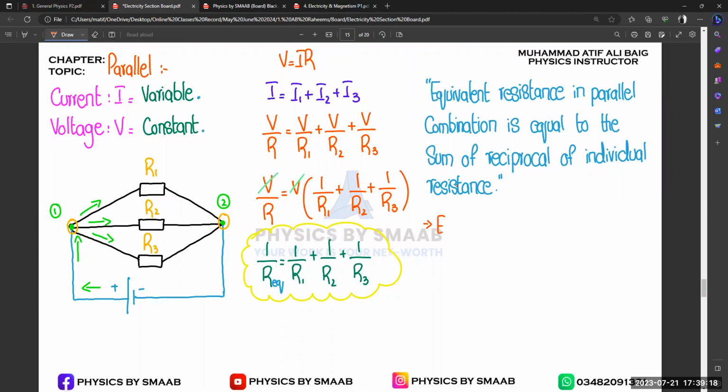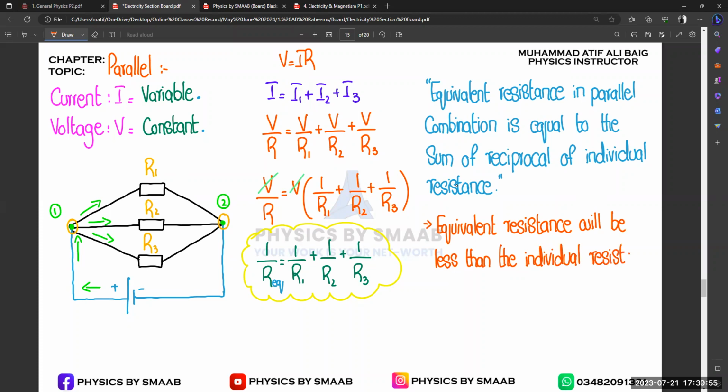So your equivalent resistance will be less than the individual resistances connected in parallel way.